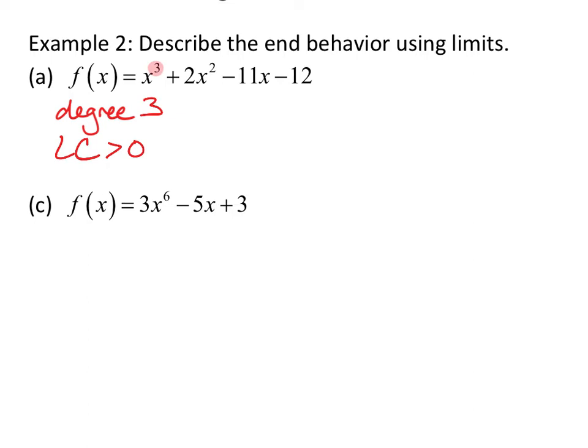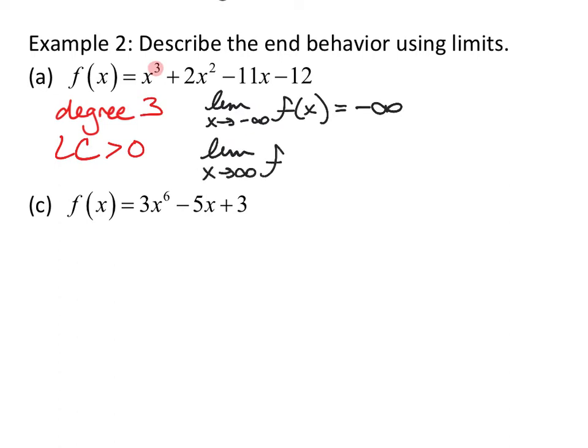For an odd positive graph, the limit as x approaches negative infinity should be negative infinity. And the limit as x approaches positive infinity of f of x should be infinity. Because remember, an odd positive is going to do something like that. This graph is cubic, but it doesn't matter what it does on the inside. We know the end behavior is going to be down to the left, up to the right.